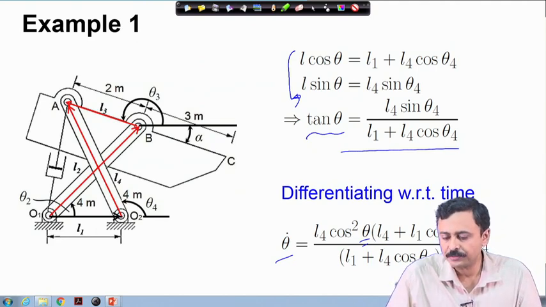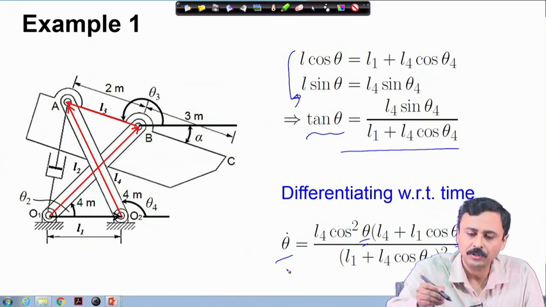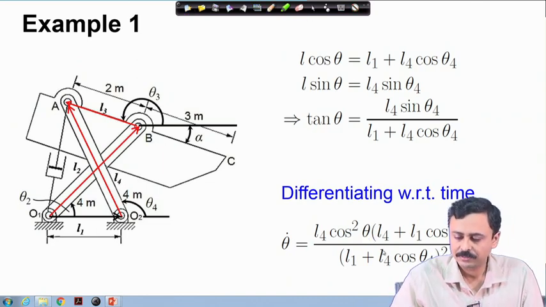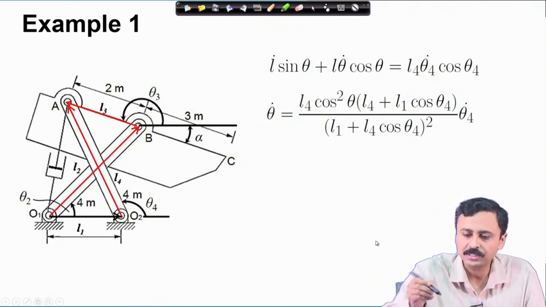Since theta, theta 4 are known to us, therefore, we have this relation between theta dot and theta 4 dot. Now, let us look at the previous expression that we had determined. So, these are the two expressions.